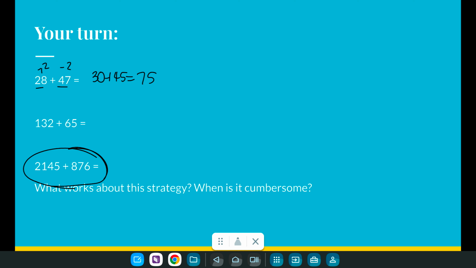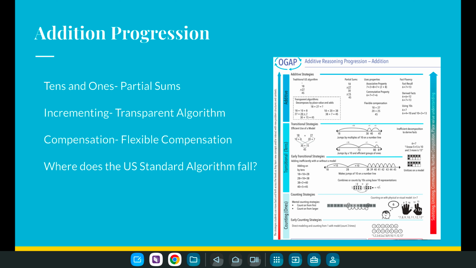So we want to use compensation when it's appropriate, when it really is helpful. But we want kids to understand, when is it helpful? When is it not helpful? This is why we want kids to know multiple strategies, because we want them to be able to say when a strategy is efficient or appropriate, and when should I throw that strategy out.